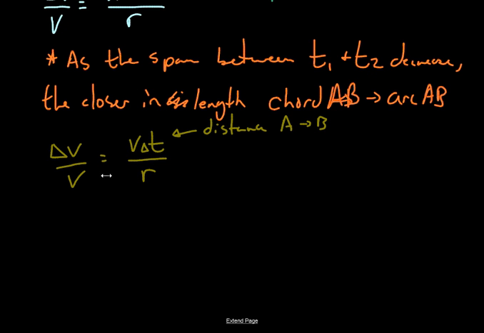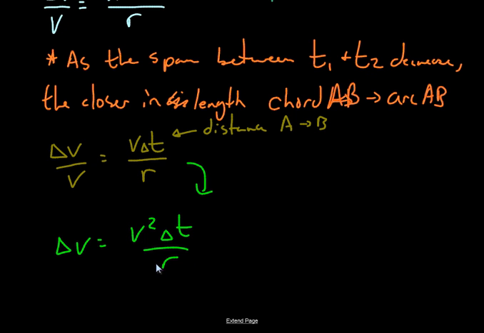Now it's algebra time. Job number one is to rearrange this so it looks like this: delta V equals V squared delta T over R, because I took V and multiplied it by V, so V squared.